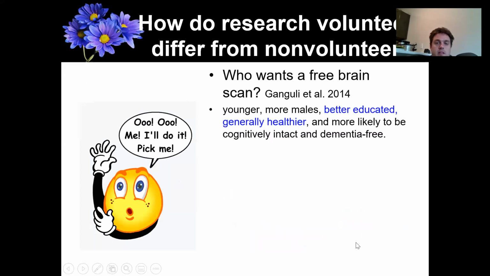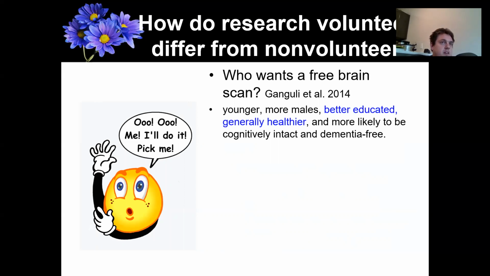So the bottom line here, the takeaway, is that when you ask people to do a study, those who volunteer, those who are naturally attracted to do the study, might be very different from the population. And it's not random. It's not the case that every second person is going to agree to do the study. Those who agree to do the study might agree for a specific reason.